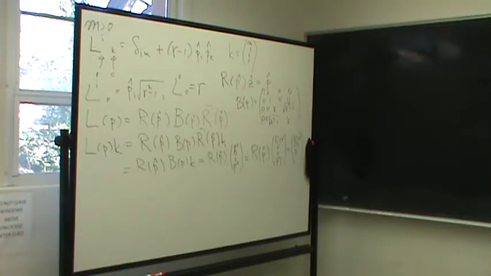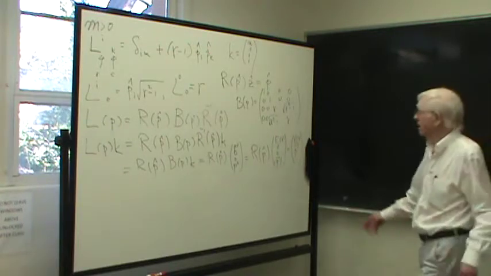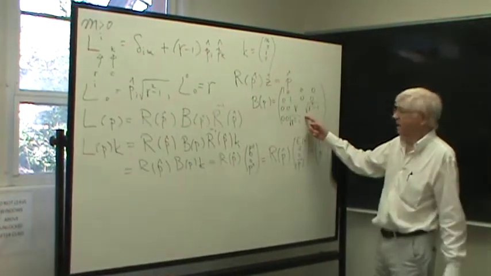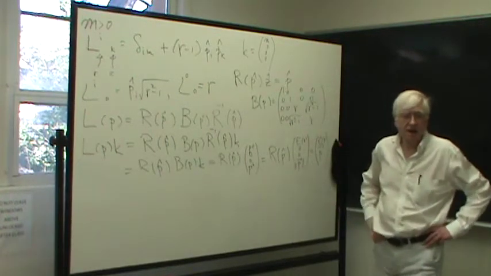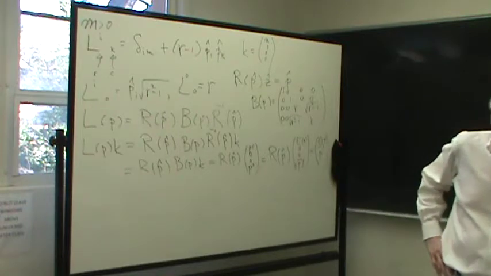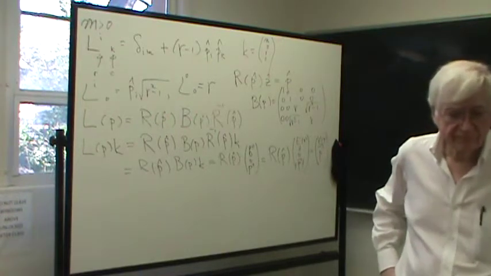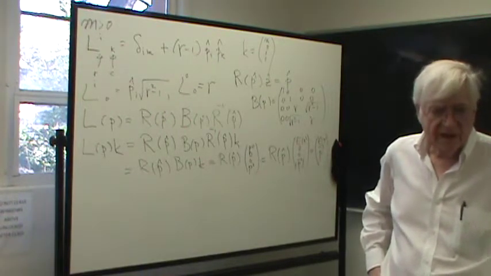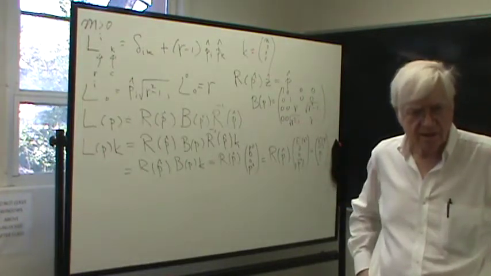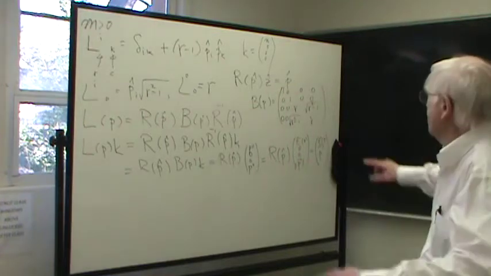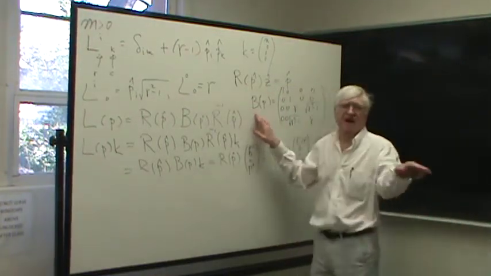Is there a question there? Yeah, I have a question about this B of P. This kind of gets back to the question that Sam was asking. Whenever we were deriving a representation of the Lorentz group, we had these generators, things called R and B. Oh, this B is totally different from my B's.